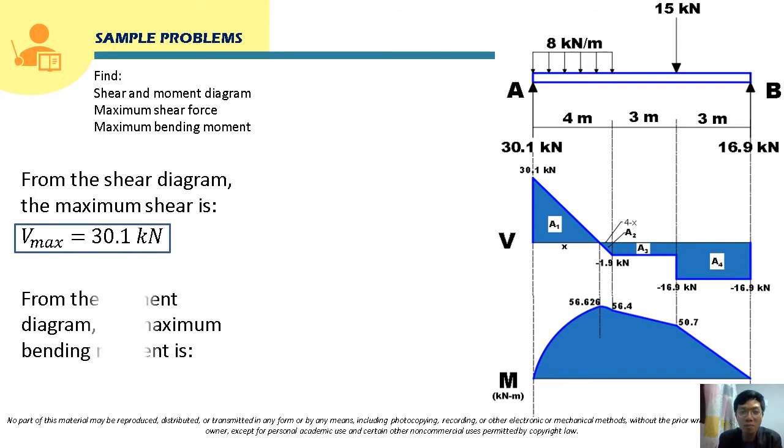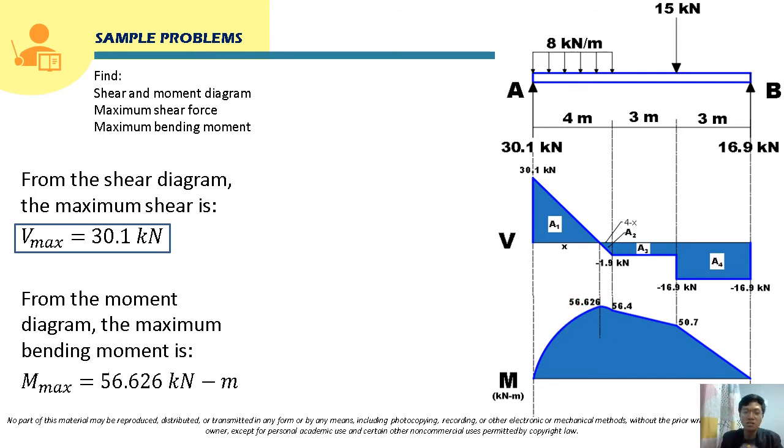For the maximum bending moment, we locate that in the moment diagram. The maximum bending moment is at this point, 56.626 kilonewton meter. So this will now be the answer.